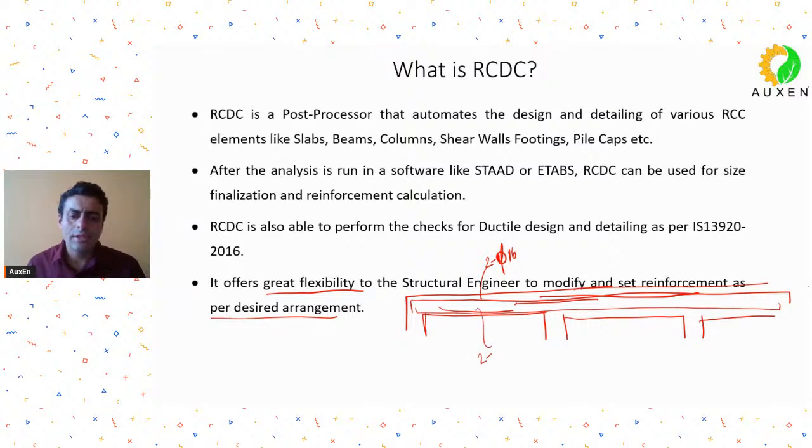I would wish that these should be my extra bars. I want the number of bars in a particular layer to be controllable. I should be able to control the lengths. So if you want to modify and set reinforcement as per your own arrangement, that feature RCDC also gives you, and by a simple click you can set your own reinforcement.